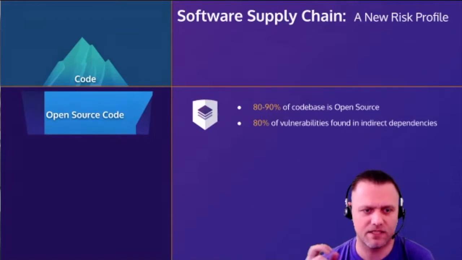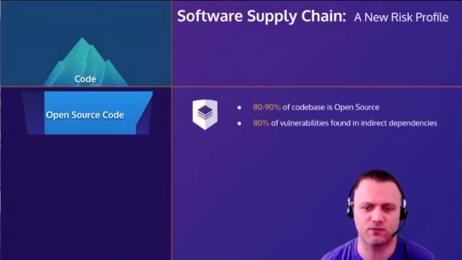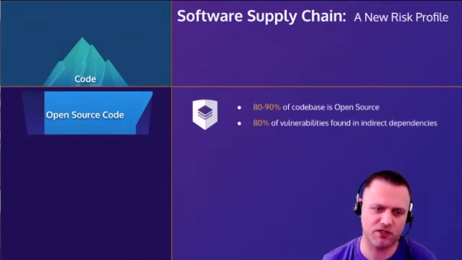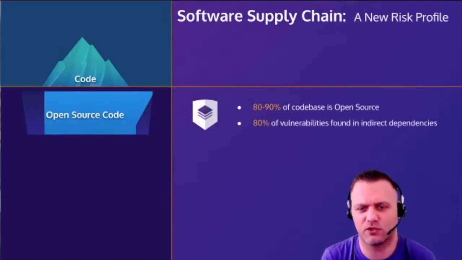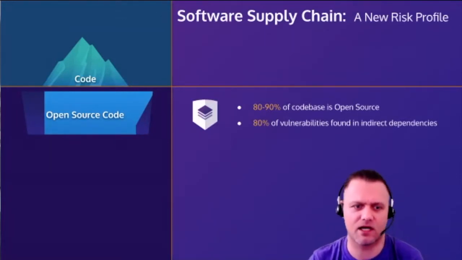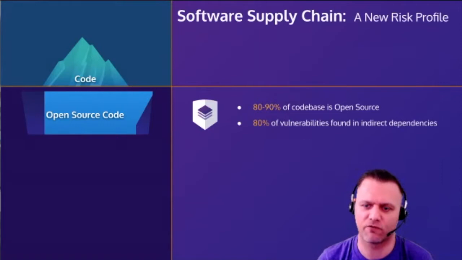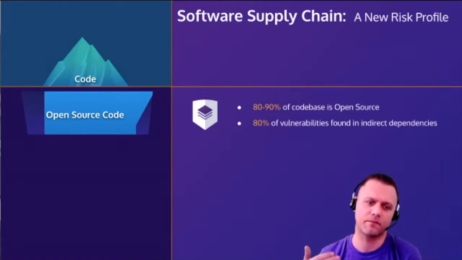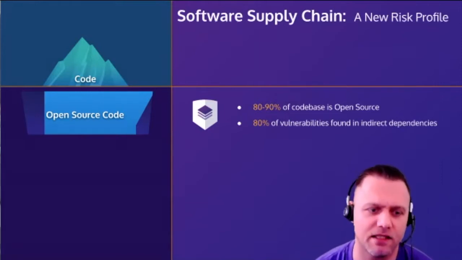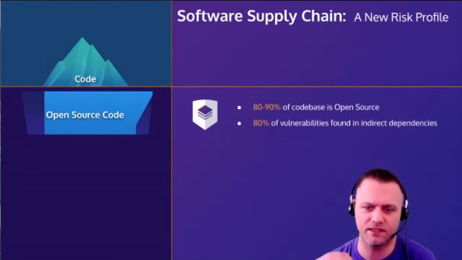Then the other challenge we have is that open source code is vulnerable. There are always security issues. Of course, they get fixed, but there are always new ones coming in newer versions and so on. But the vulnerabilities don't necessarily sit in the direct open source libraries or dependencies.